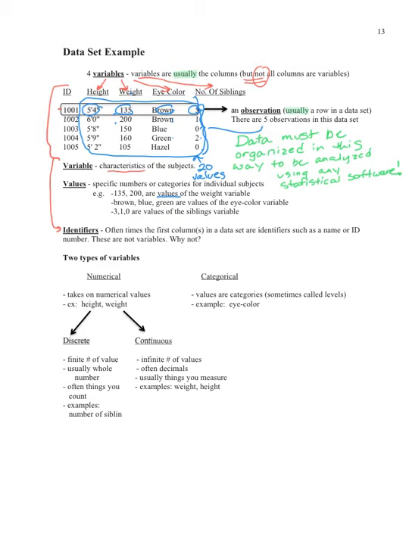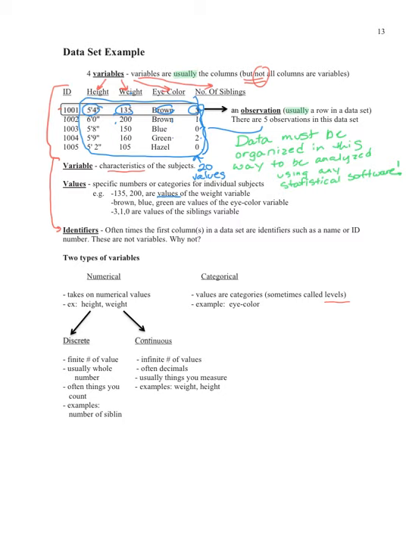There are 2 basic types of variables, numeric and categorical, and it's fairly self-explanatory that the numerical ones take on number values, and the categorical ones, the values are categories. For example, eye color. They're often called levels, as we'll see later on in the course.